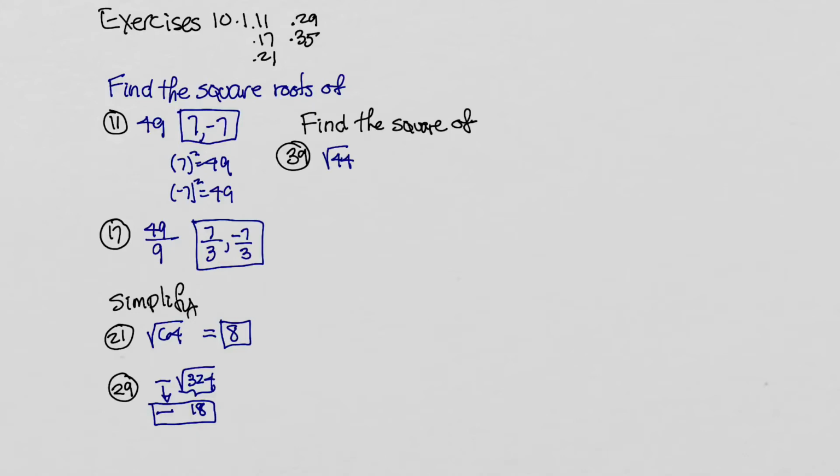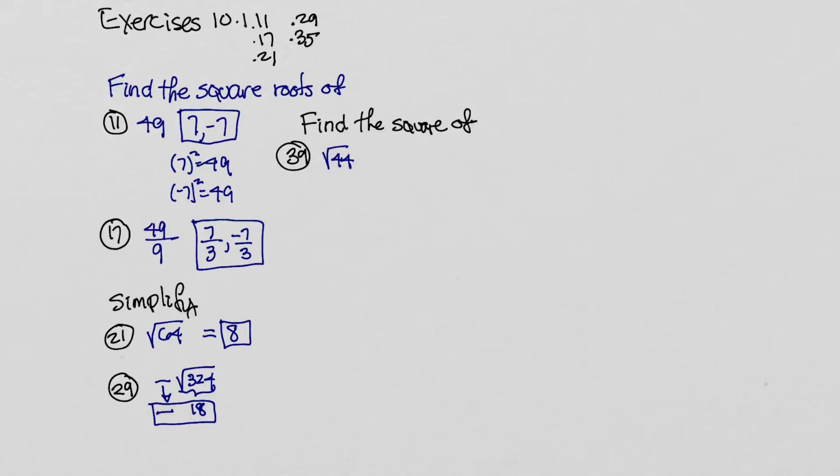In problem 39, we're supposed to find the square. Be careful here. The square, not the square root. The square of the square root of 144. So we have to read this carefully. Find the square of this number. Let's look at what's happening here.